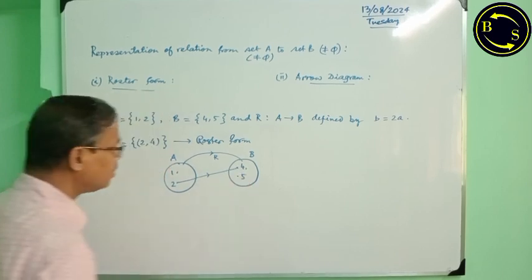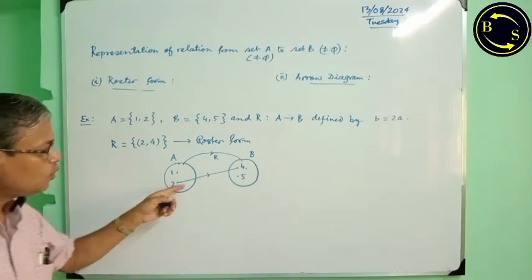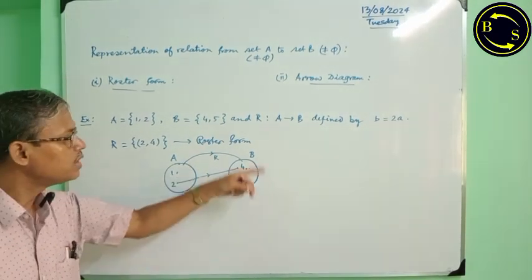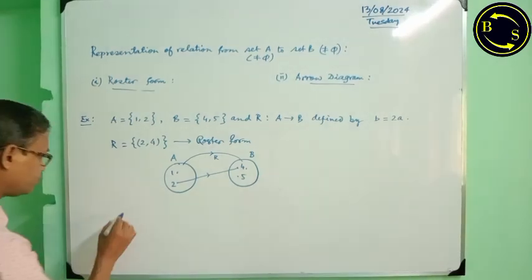That is represented by this. 2 is associated with 4. Therefore, this is the arrow diagram.